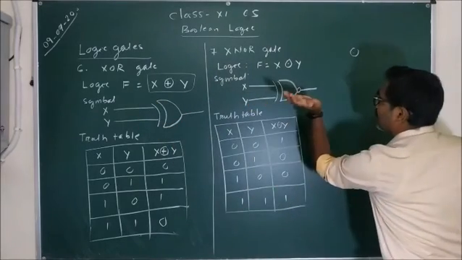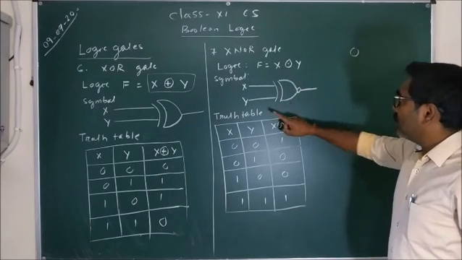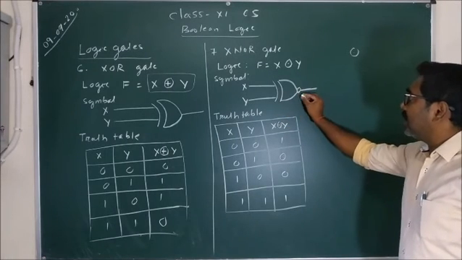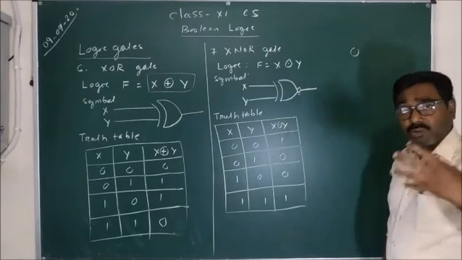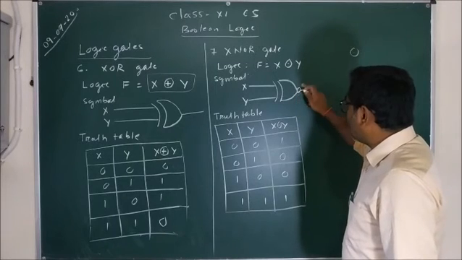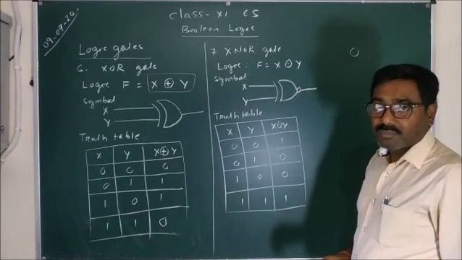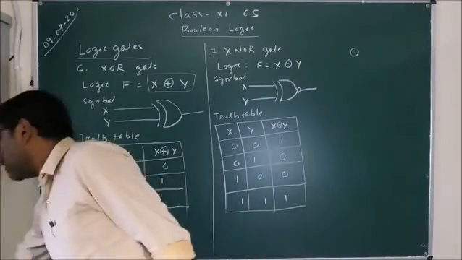The same as the symbol of XNOR. The only difference between both the symbols is this part, this circle is taken from your NOT gate. As I told you, in case of NAND gate and NOR gate, only the circle is taken from the NOT gate.